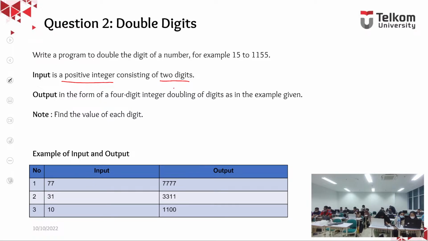So it means that the range is from 10 to 99. It will always be accepted. Okay, and then how to produce this kind of output?